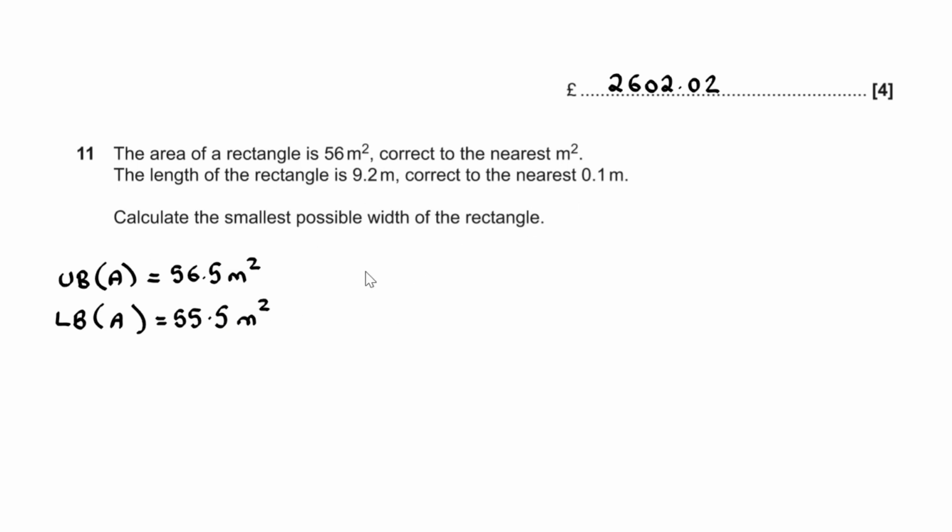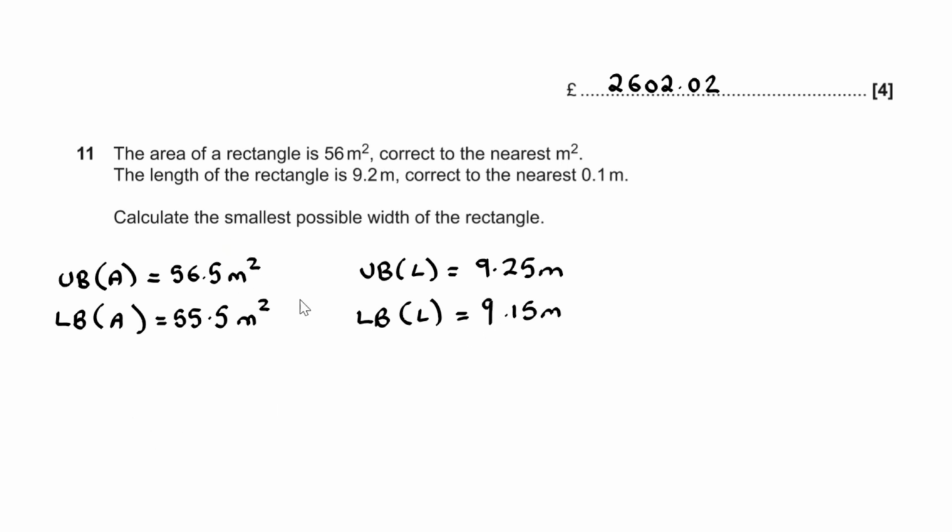And if we do the same thing with the length, the upper bound of the length, if we're rounding to the nearest 0.1 meter, will be 9.25 meters, and the lower bound of the length will equal 9.15 meters. So how does this help us?